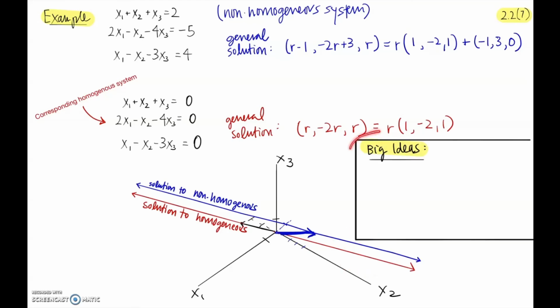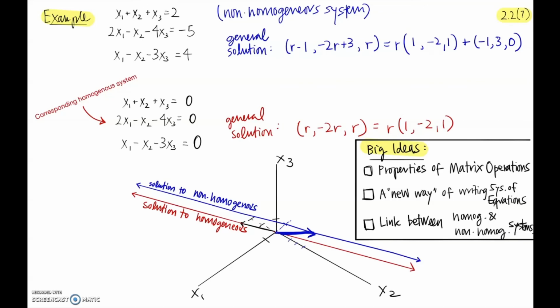Okay, let's talk about the big ideas we saw today. And today was a pretty heavy theory day. We talked about so many theoretical and abstract things today. Probably the three biggest ideas were, we spent quite a bit of time talking about properties of matrix operations. We know that in matrix algebra we cannot use the commutative law multiplicatively.